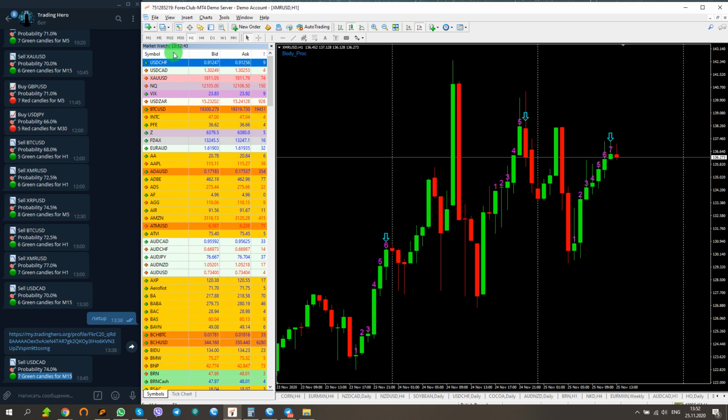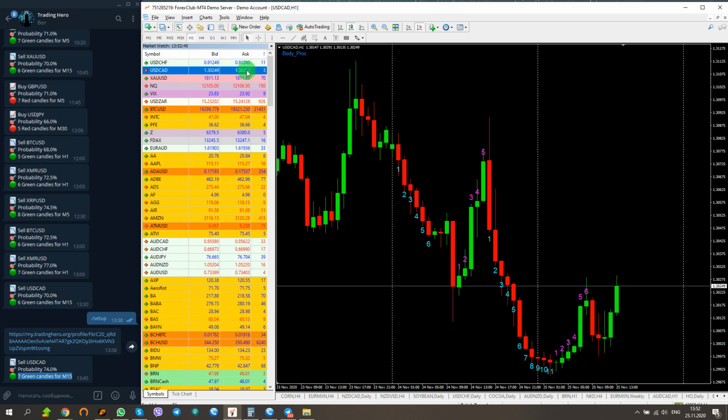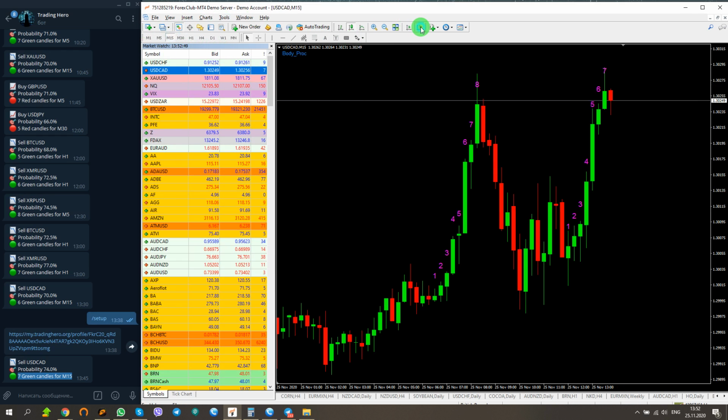Let's look at it. We have USD CAD, 15 minutes, and we have this signal. Here it is, 7 green candles in a row. So this robot simply tracks the number of candles on each instrument.